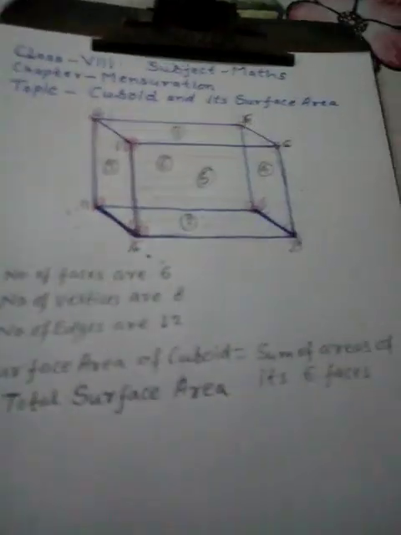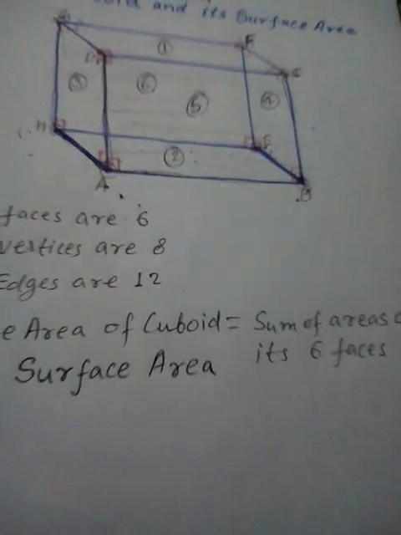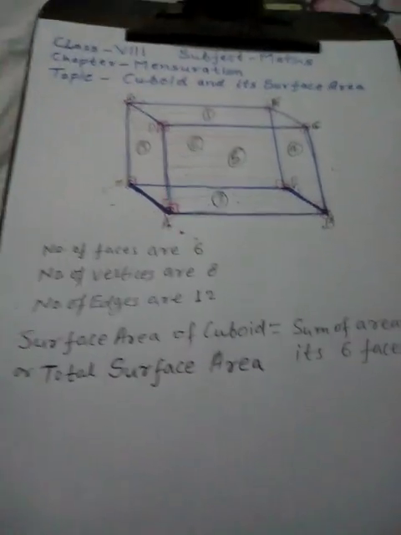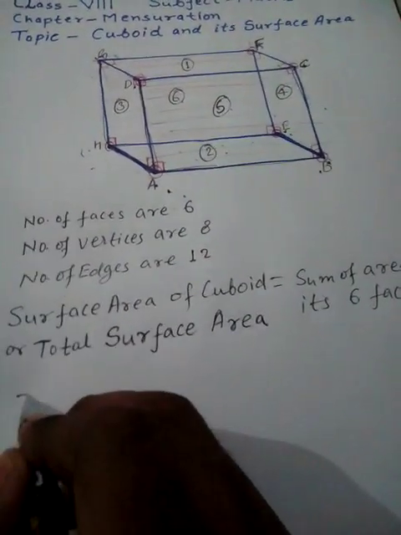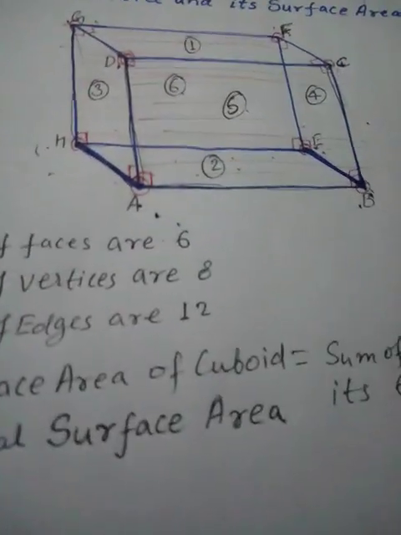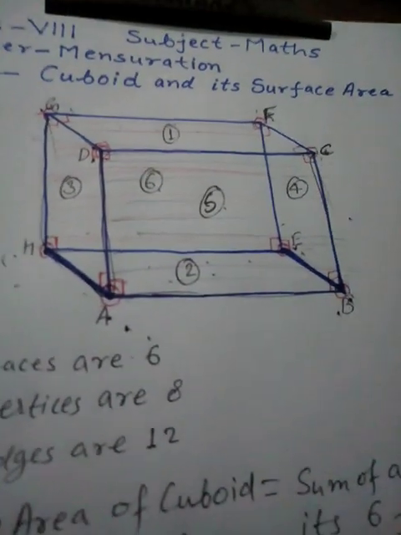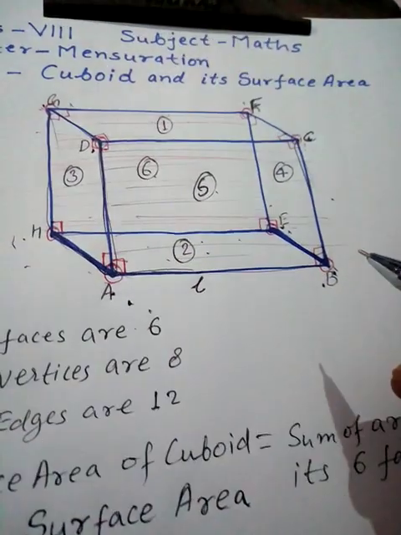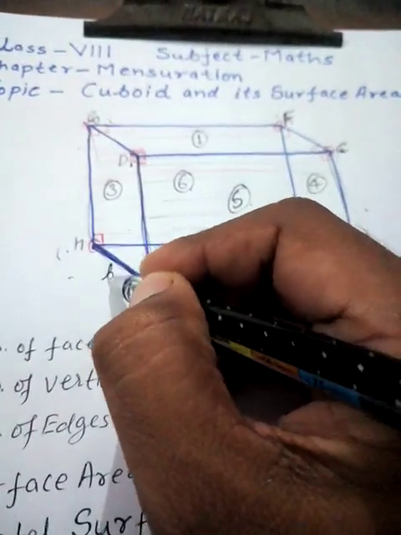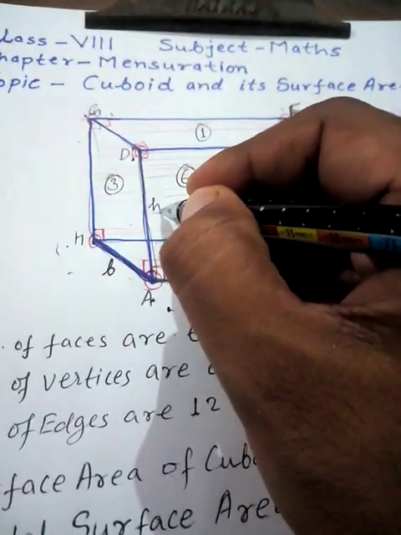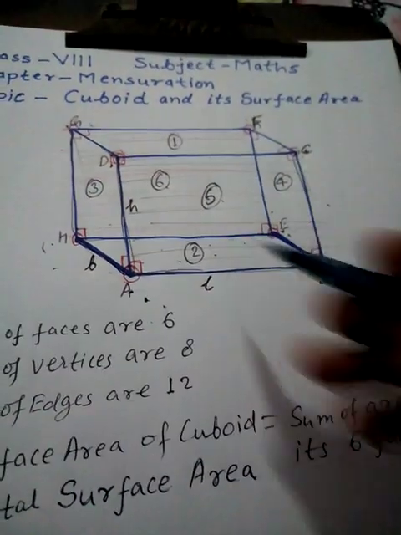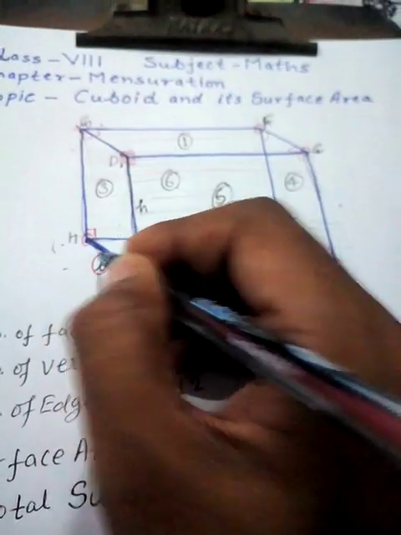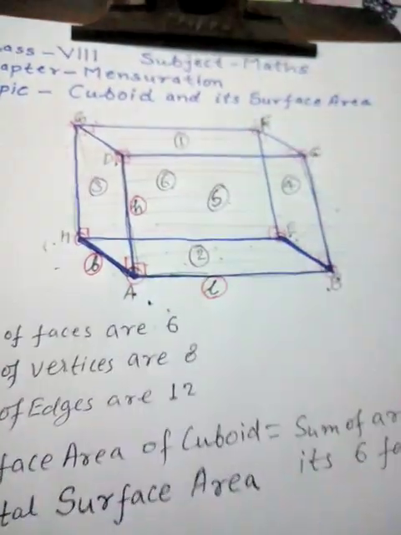So now we have to find the sum of areas of its 6 surfaces, which is equal to, if we take its length as L, its breadth as B, and its height as H. Listen carefully. Length as L, breadth as B, and height as H.